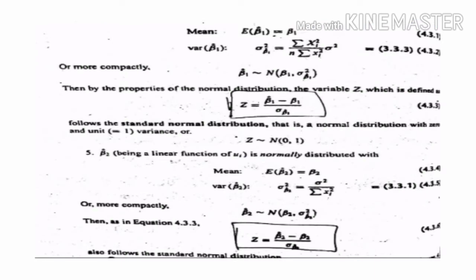You see the equation: the mean, expected beta 2 hat, is equal to beta 2, and the variance of beta 2 hat is equal to sigma square. The z test used is beta 2 hat minus beta 2 divided by sigma of beta 2 hat. The fifth point: beta 2 hat is normally distributed with mean and variance, and the z value is the same as in the fourth point.